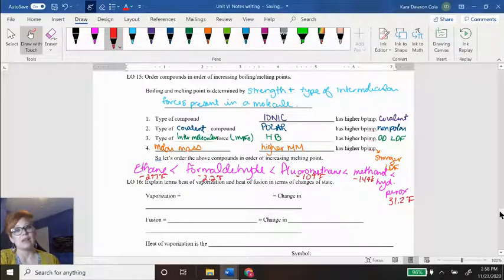Then polar covalent is going to have a higher boiling point and melting point than a nonpolar covalent compound. Then you look at the intermolecular forces. How many intermolecular forces do you have within the molecule? And then you look at molar mass. Higher molar mass usually has a stronger London dispersion force, which creates a stronger intermolecular force.